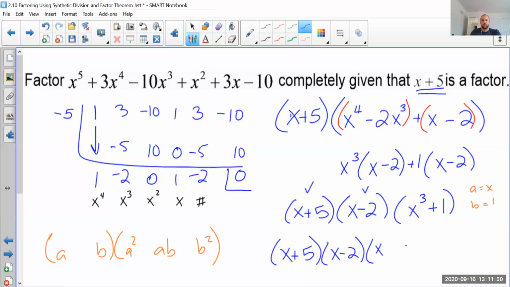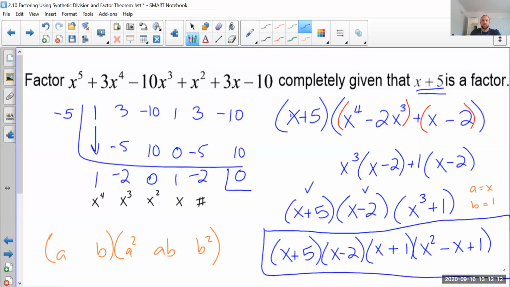So x, 1, x squared, x, 1, and then put my signs in. So SOAP: same as the original, opposite of the original, always positive. And that is my final answer.